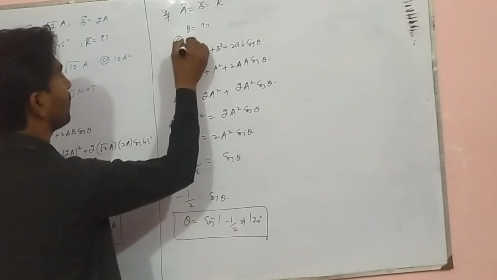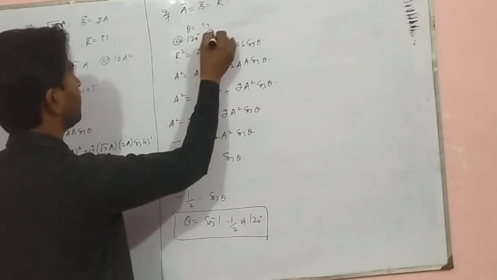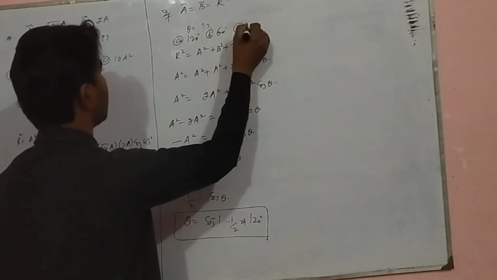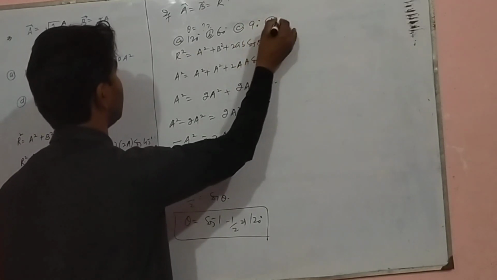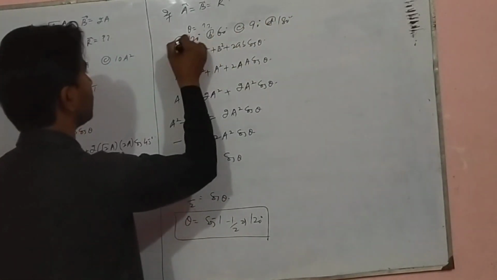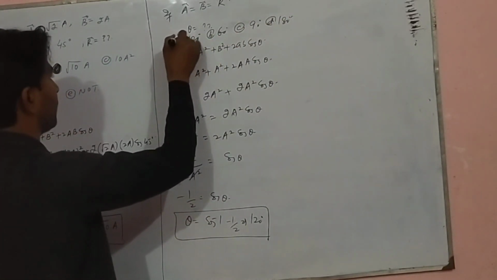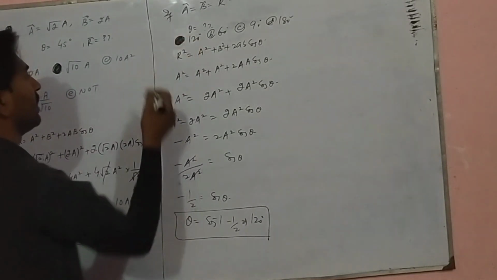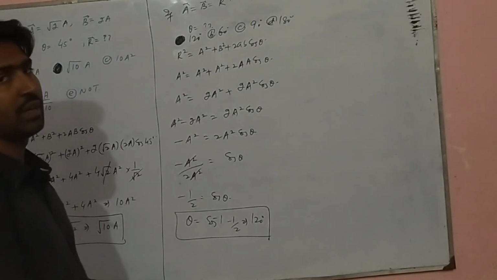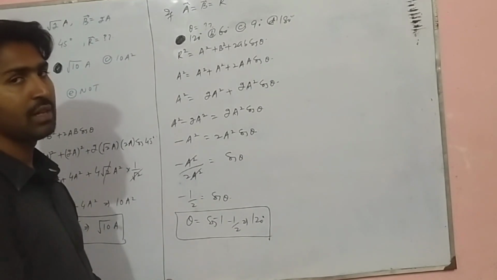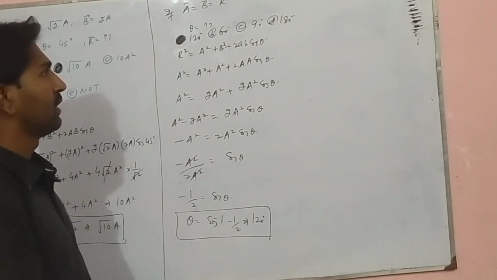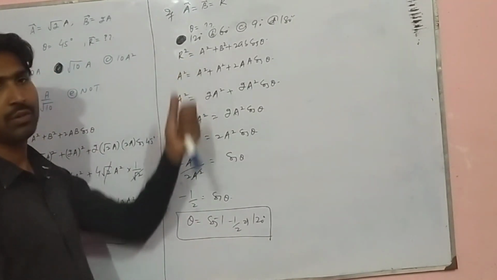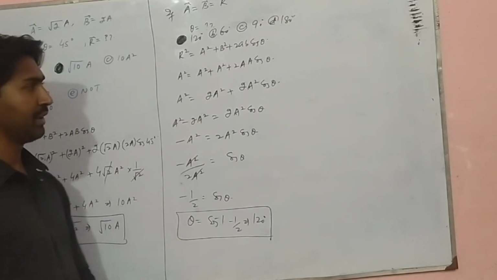So among the options 120, 60, 90 or 180 degree, the correct answer is 120 degree. If two vectors are equal and their resultant is also equal to them, then the angle between the vectors must be 120 degree.